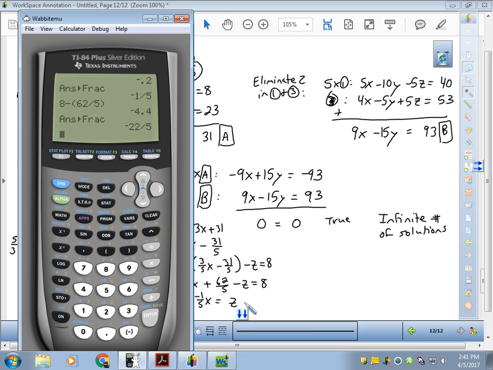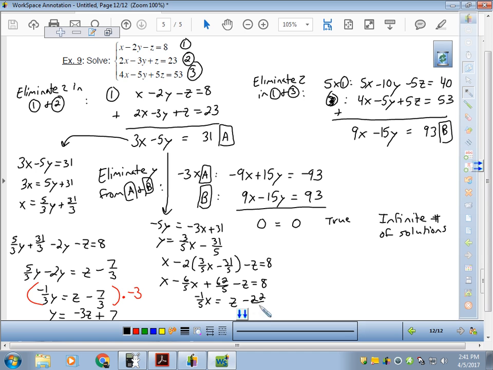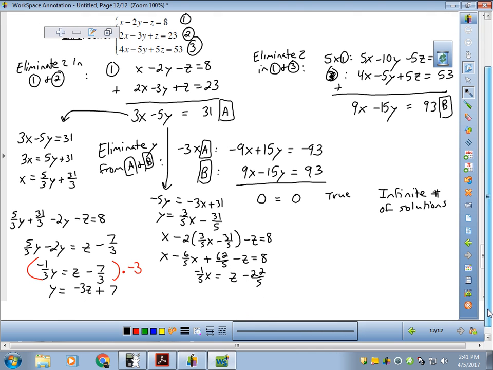That's negative 22 over 5. Then we will multiply all of this by negative 5. Negative 5 times negative 1/5 x gives us x. Negative 5 times z gives us negative 5z. And negative 5 times negative 22 over 5, a negative times a negative, is a positive. The 5's cancel out, so we'd really just have 22.